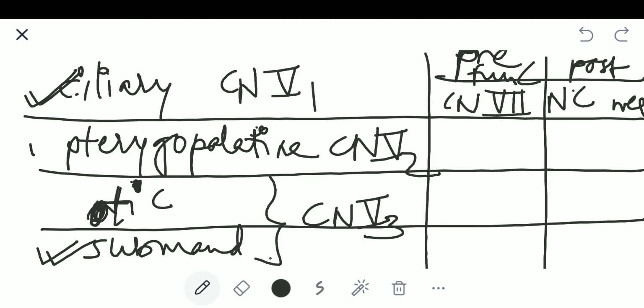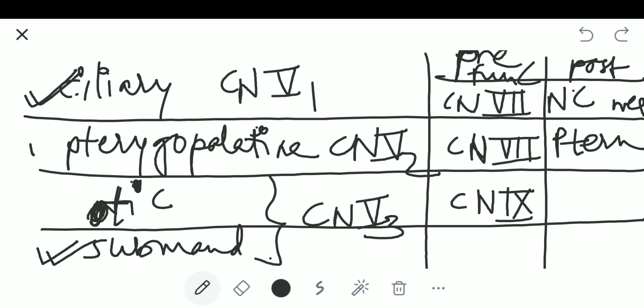Come on, it is again the seventh cranial nerve, and the postganglionic is by the branch of the pterygopalatine ganglion, right? Pterygopalatine. Otic ganglion, cranial nerve number 9, preganglionic fibers, and postganglionic, as you all know, is from the mandibular nerve, branches of the mandibular nerve. And this submandibular is again from cranial nerve number 7.